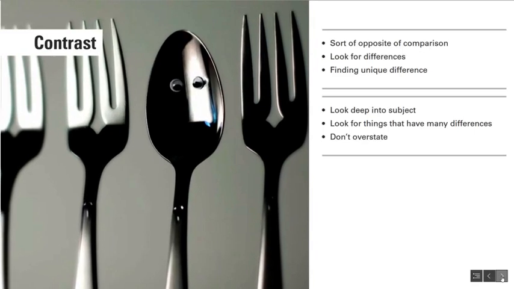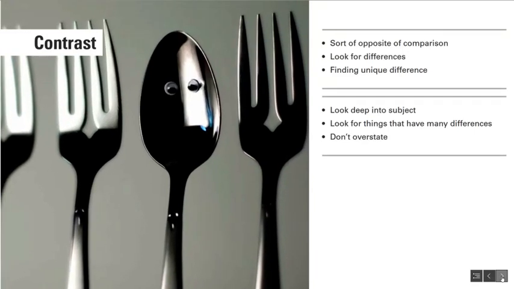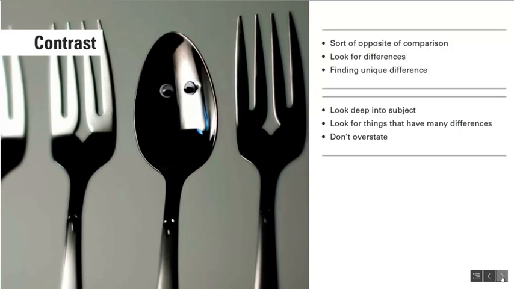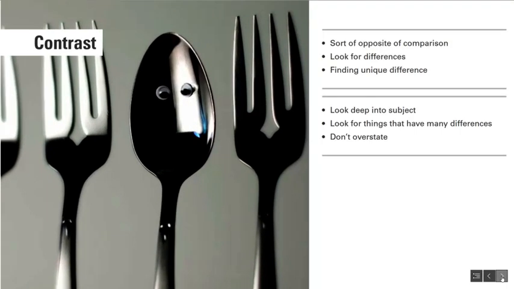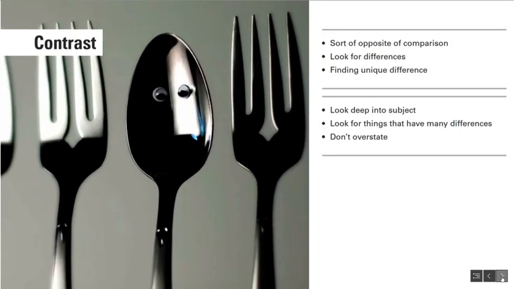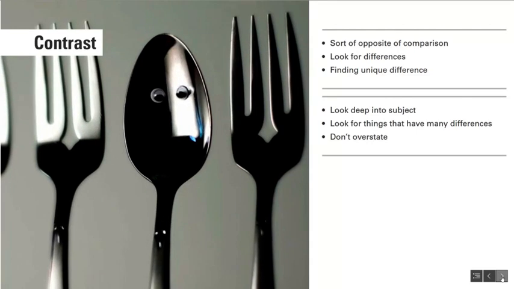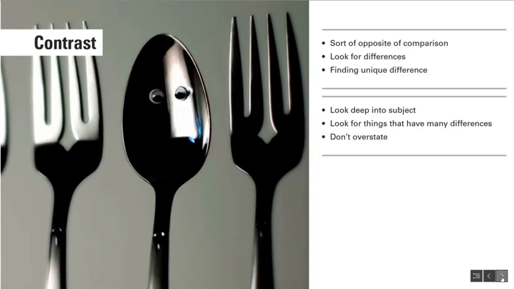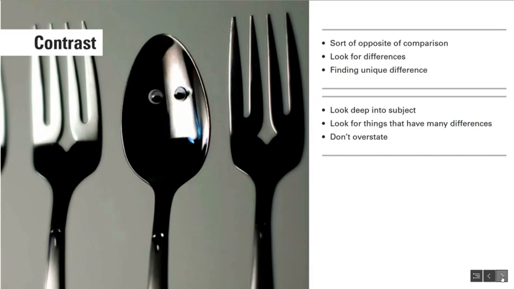Don't try to dig and dig and dig when you only have surface contrasts. If you feel as you're writing that your contrasts or your comparisons don't have a lot of things that you can compare or contrast, then I would say you need to find a different subject to write about.